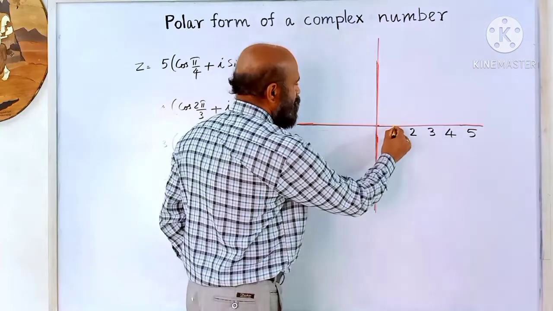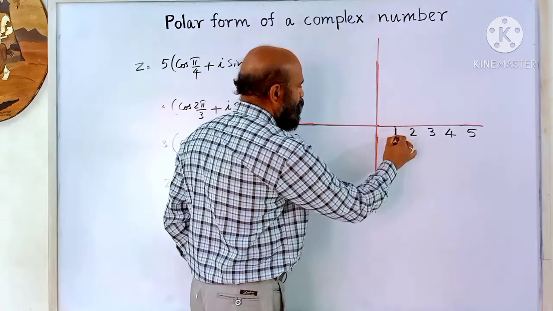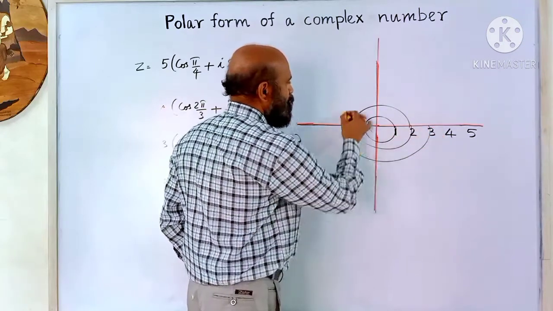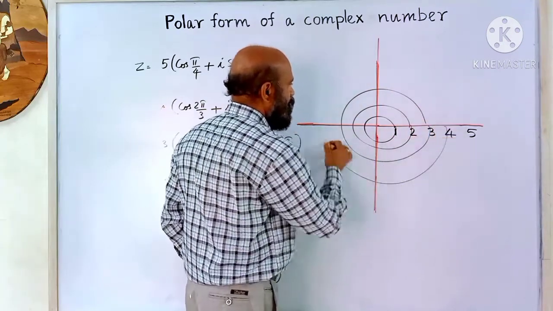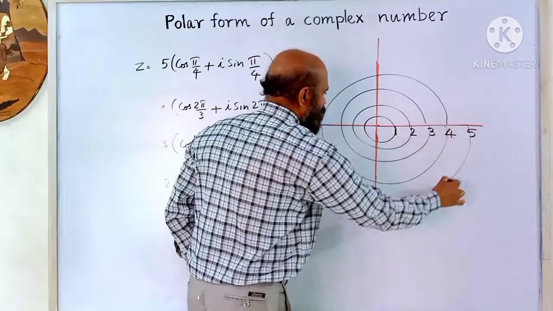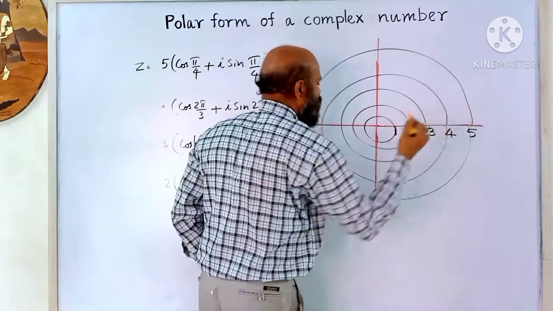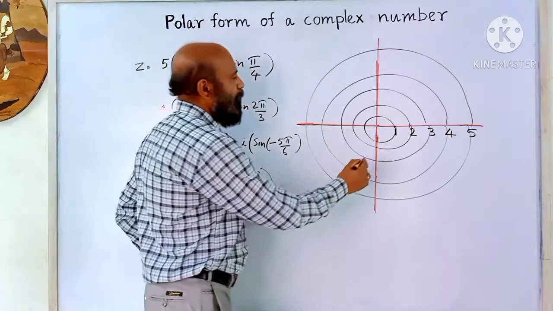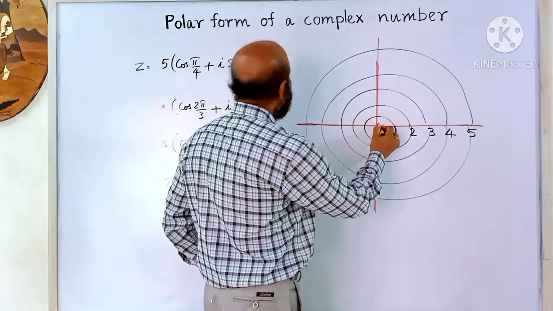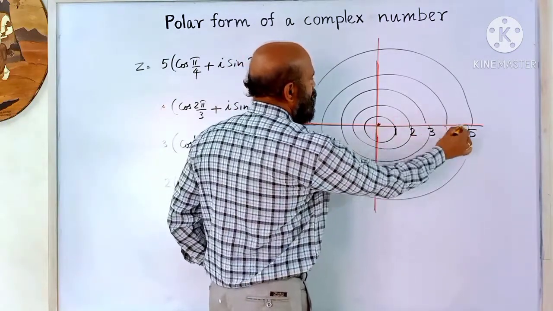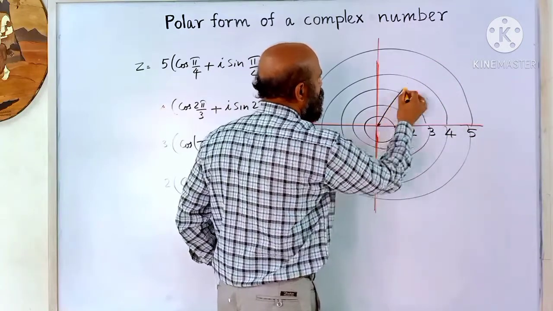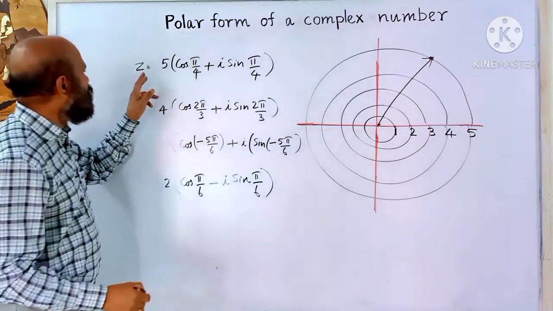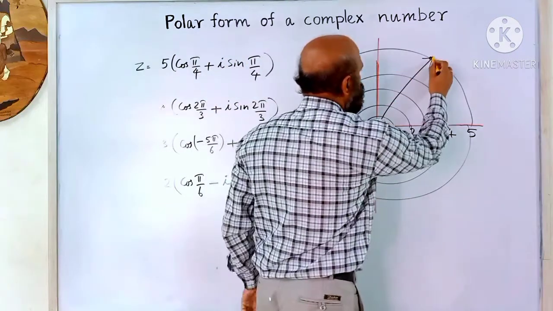Consider circles, first a circle with a radius 1, this is a circle with a radius 2, this is 3. So 5. Angle is pi by 4, that is 45 degrees. So the first complex number is represented by this point.